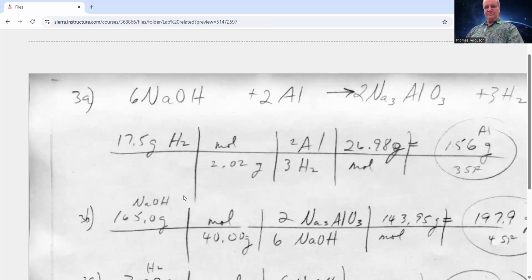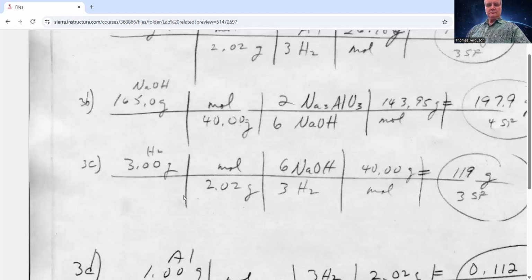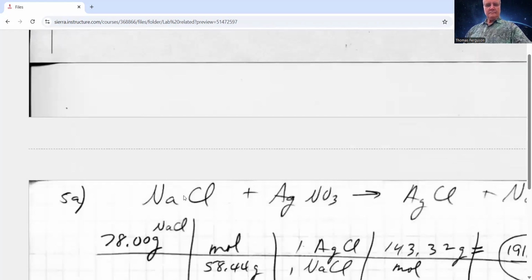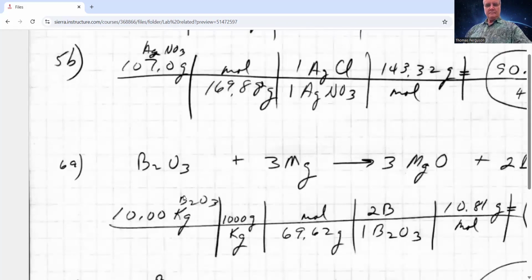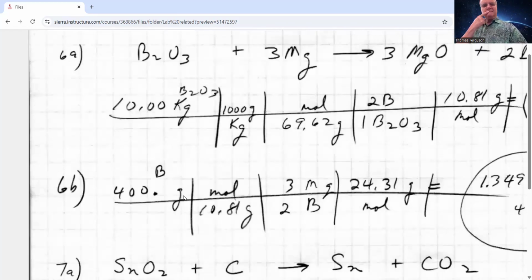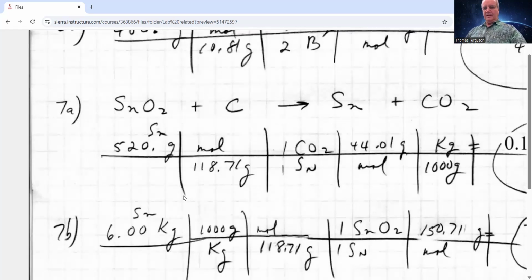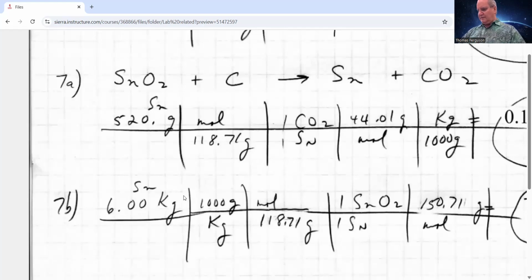Every one of these, same thing. The only thing that might add an extra step in is if you started with kilograms, gotta convert to grams. Or at the back end, you need to convert to kilograms from grams. But again, every one of these, same thing.